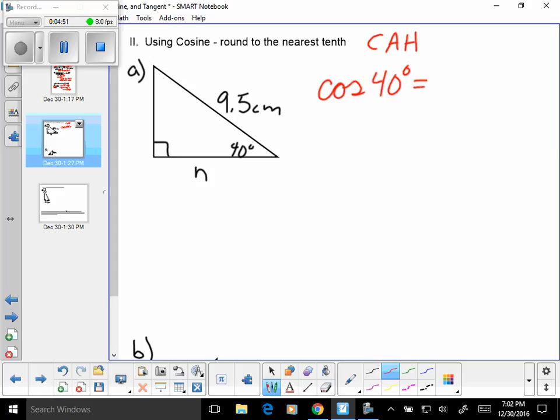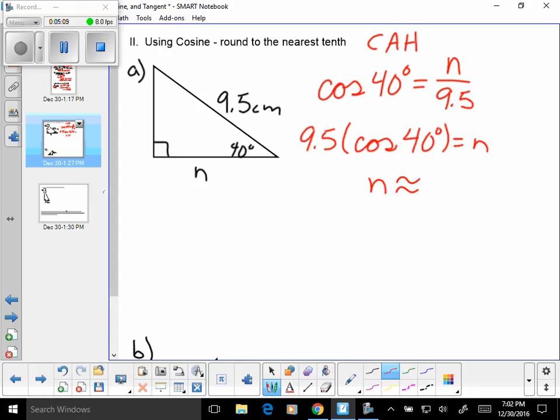Yes, you really should put in the degree sign. And that's going to equal n over the hypotenuse of 9.5. Multiplying both sides by 9.5, I'm going to get 9.5 times the cosine of 40 degrees equals n. Putting it through the calculator, you should end up with 7.3 centimeters.